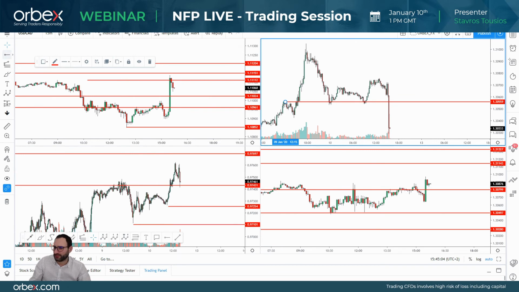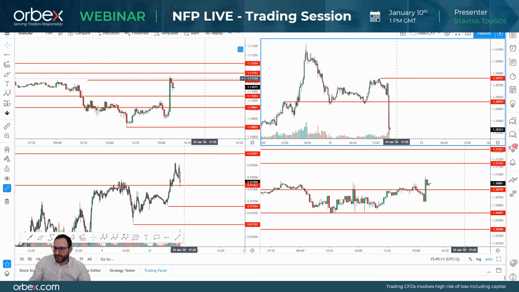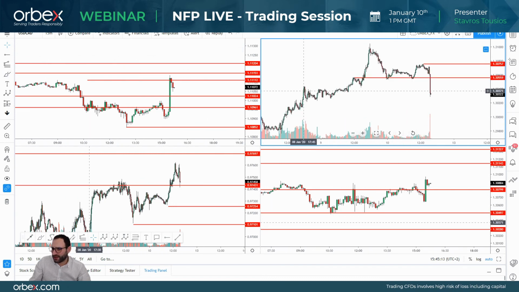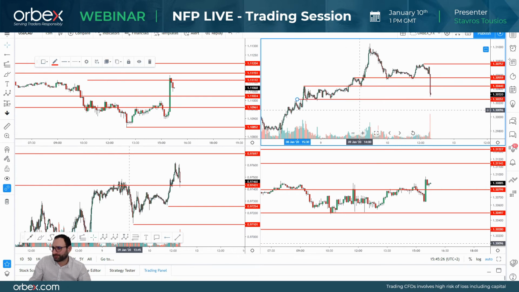The stop loss will be just a little bit above this previous high. Then we need to look at the next level, which I would say with closed eyes, but my eyes are open. It's very easy to set that as a first take profit level. And the second one would be down here, right?